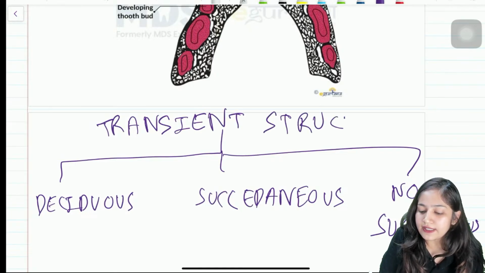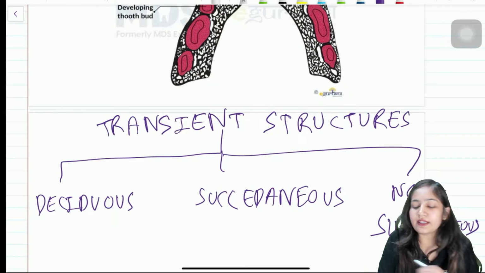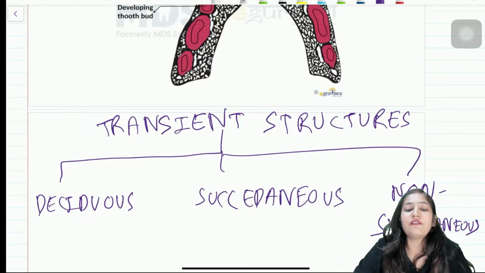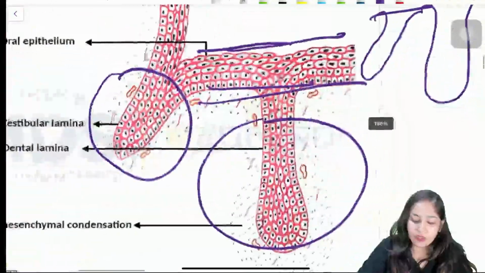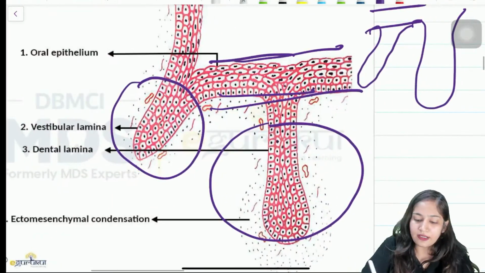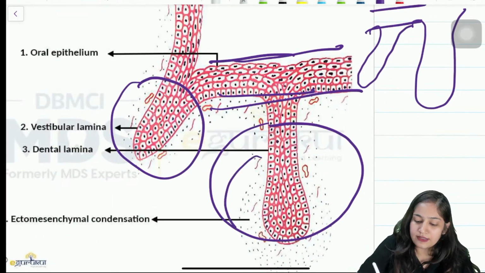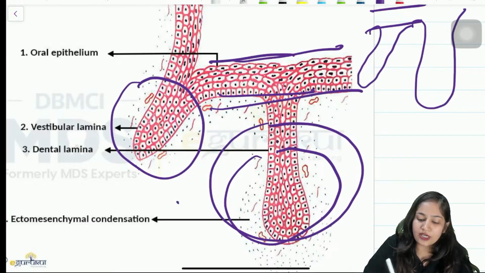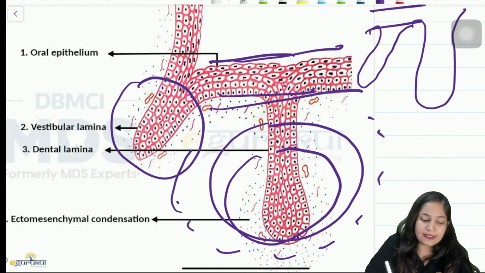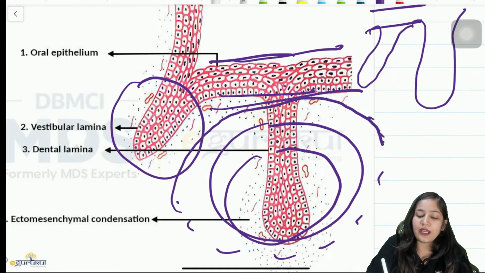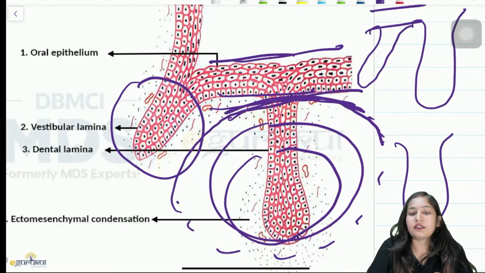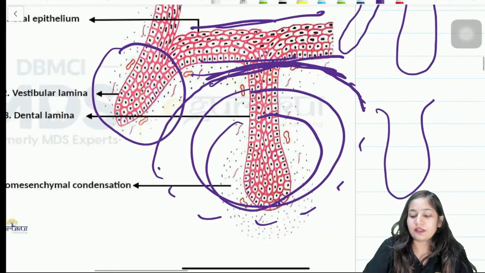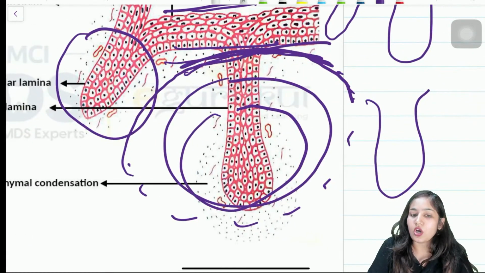Because at later stages it will disintegrate because of invagination of the underlying ectomesenchyme. Here you can see this is our dental lamina and the surrounding structure is our ectomesenchyme. This ectomesenchyme will invade in later stages, leading to the separation of the enamel organ.